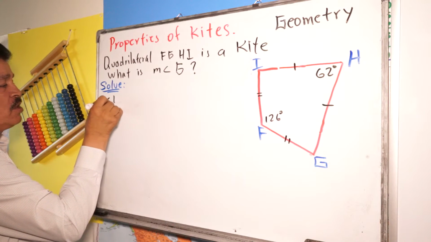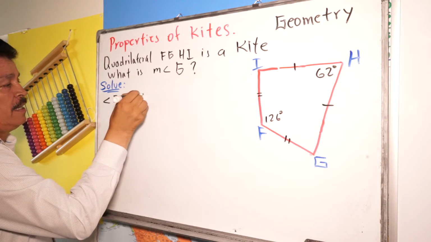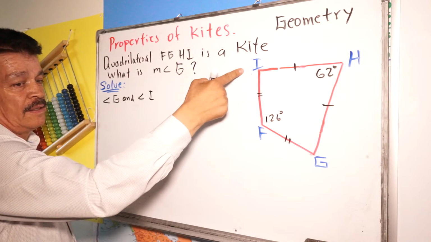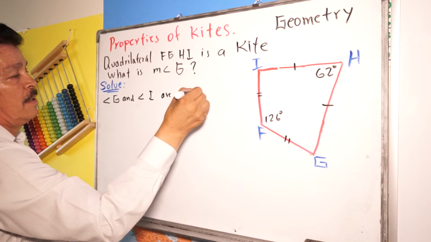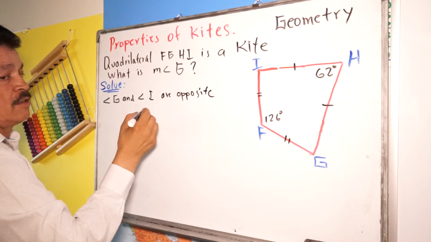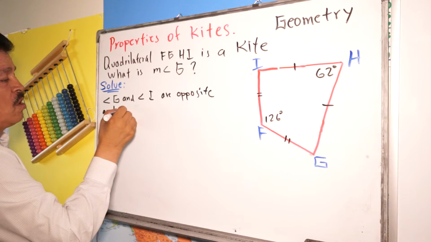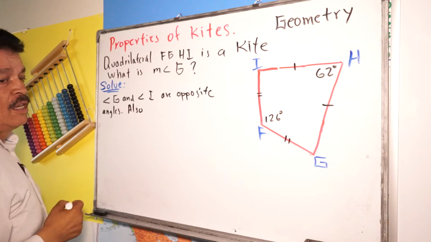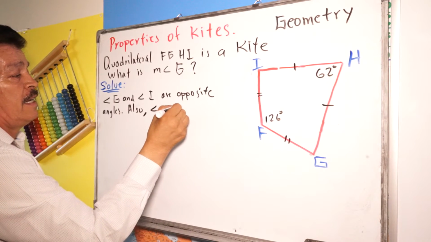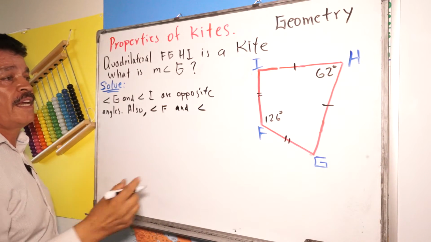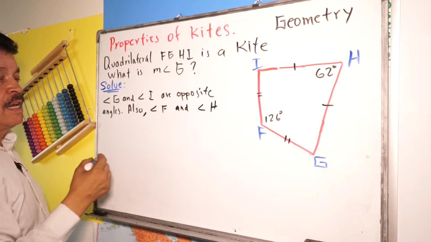Angle G and angle I are opposite angles. Also angle F and angle H are opposite.